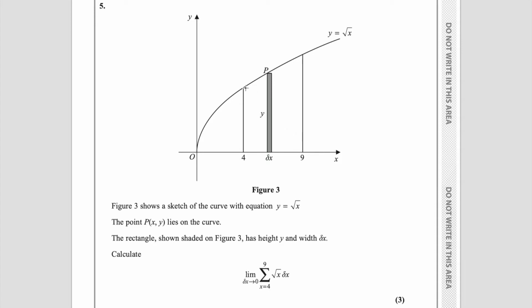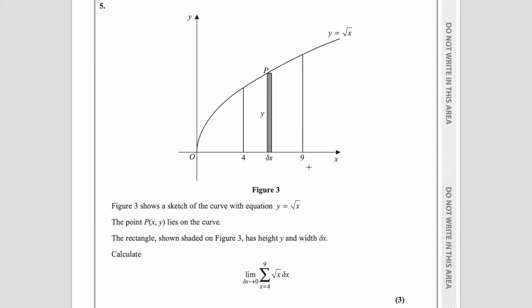So, in other words, what we get are rectangles that are very, very narrow, all the way between 4 and 9, and we add them together, okay? And that's what this sigma represents, the addition of these rectangles together, the area of them together. And what that does is give us the exact area underneath this curve between the points 4 and 9.